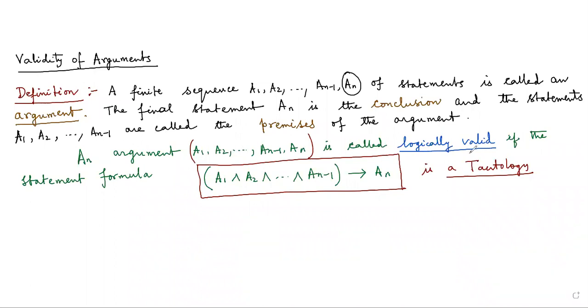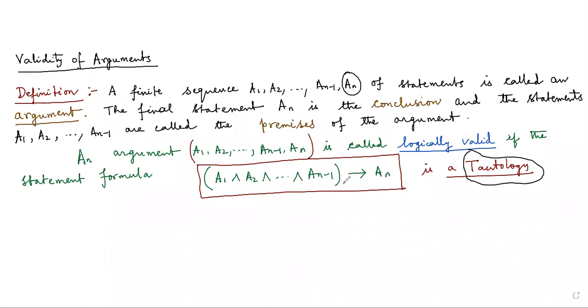What do we mean by tautology? Suppose we have 2 statements P and Q. If I can show that the statement P implies Q, or if we are making the statements in such a manner that the truth table reveals all the values as true, no false values are present, then such a statement is called a tautology.